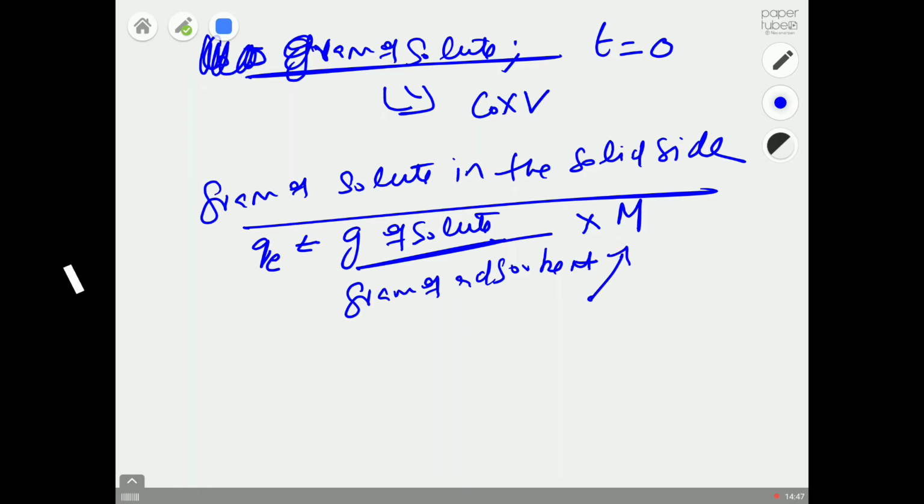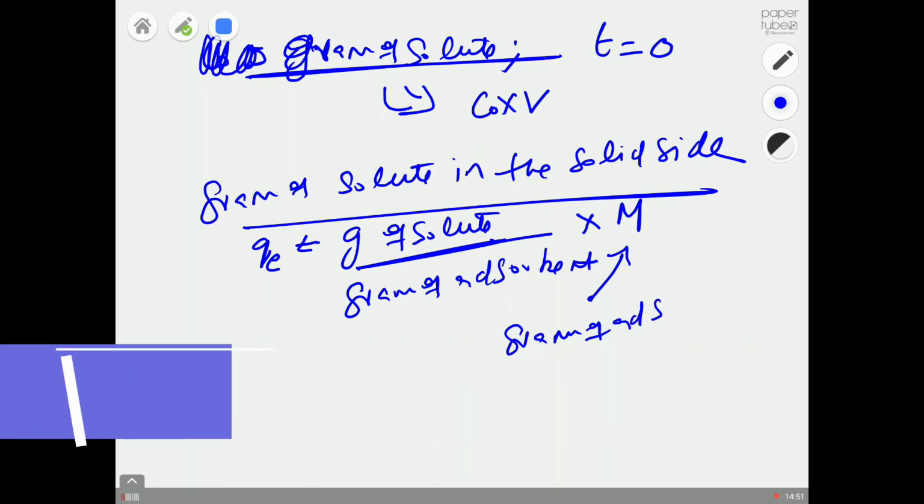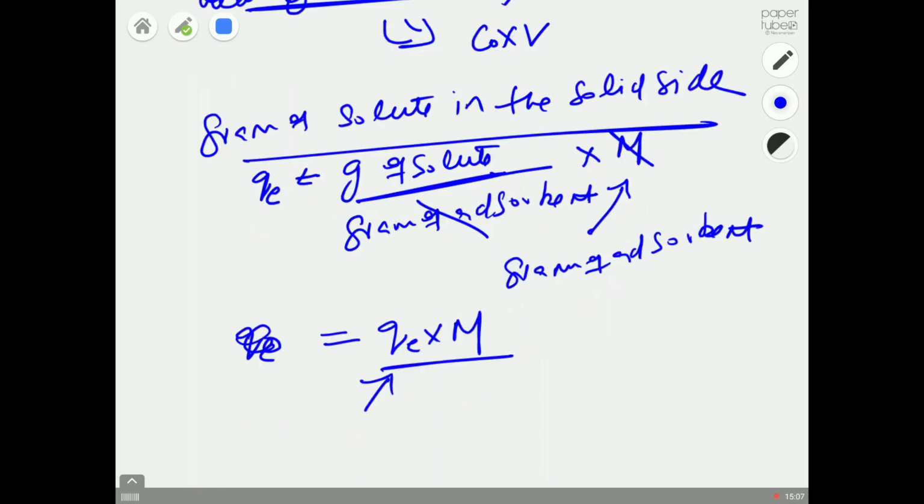So M is also expressed in grams of adsorbent, and these values get cancelled. So the grams of solute on the solid side will be equal to QE multiplied by M, where QE is the amount adsorbed per unit mass of adsorbent, and M is the mass of the adsorbent added in, say, 25 ml of your solution.